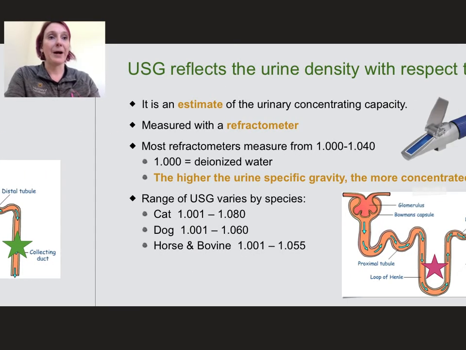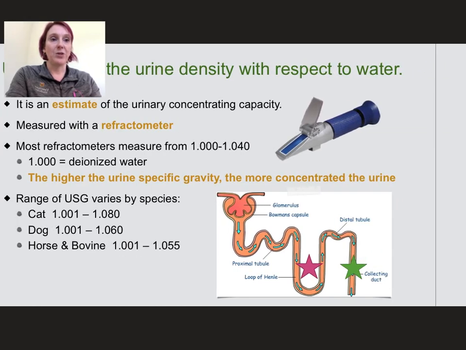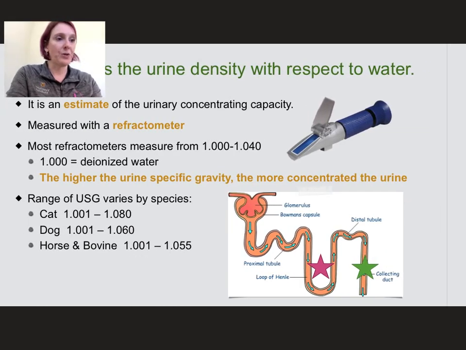When we're talking about measuring our urine-specific gravity, we measure it with a refractometer. If you haven't encountered one of these yet, you will a lot in your veterinary career. The basis of this is we put a little drop of urine on this piece of glass here and pop down the top part, and we have an ocular here, and we take that ocular and we peer up into the light.